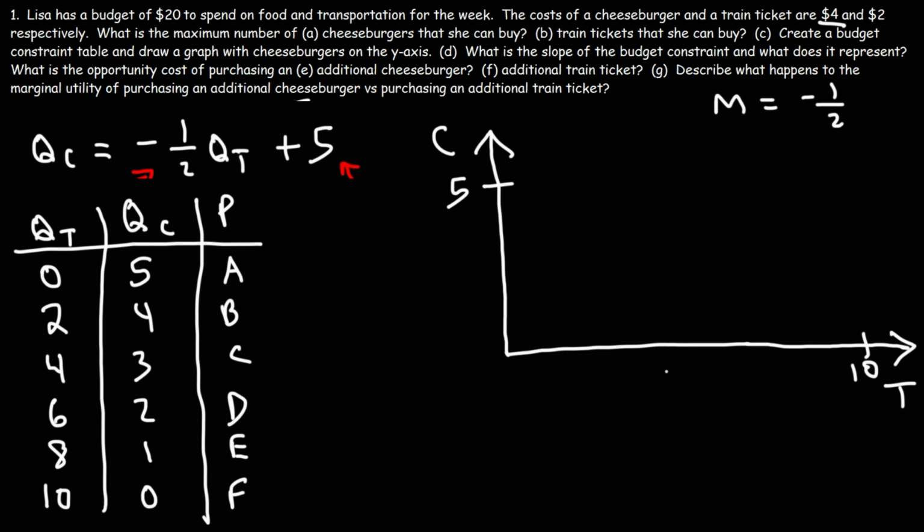So let's go ahead and plot it. This is going to be 2, 4, 6, 8, and then 10, and then 1, 2, 3, 4, and 5. So the first point is at 0, 5, and then 2, 4, and then 4, 3, and then 6, 2, 8, 1, and 10, 0.